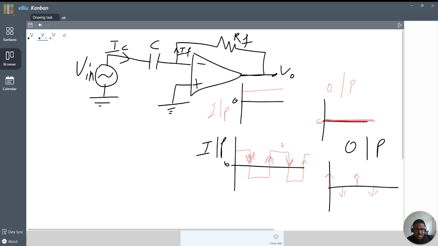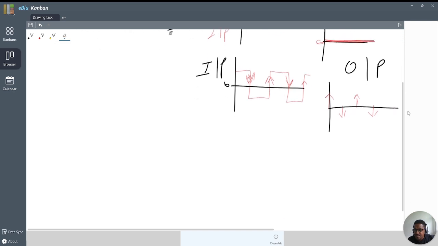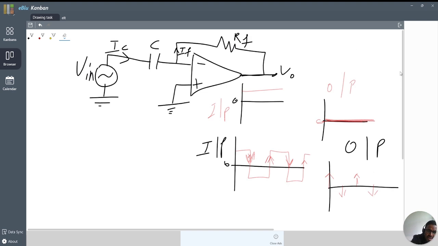So to analyze our op-amp, how to get V out, according to the golden rules, virtually grounded, V inverting and V non-inverting. Virtually ground, so our inverting input becomes 0.